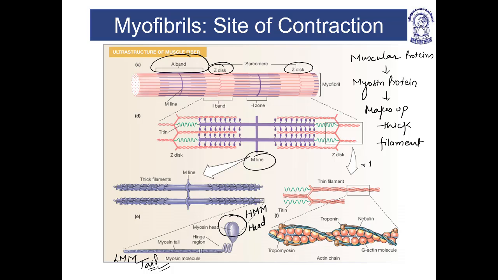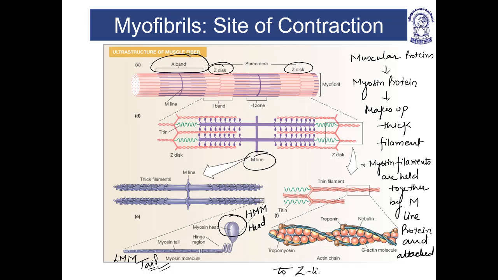So here I will write: the myosin filaments are held together by M-line proteins, and attached to the Z line by titin protein.